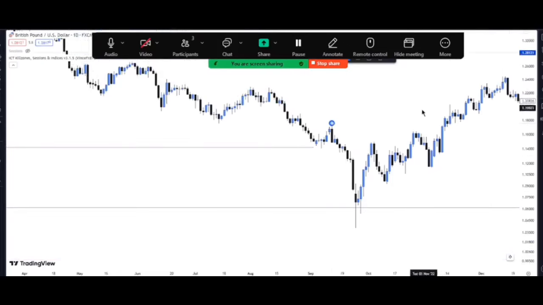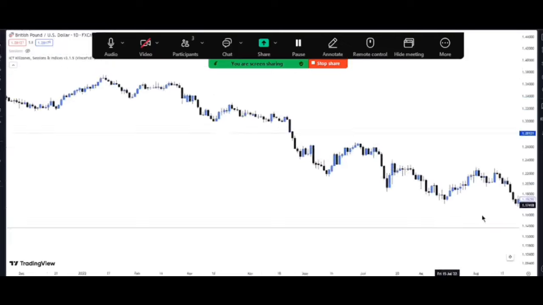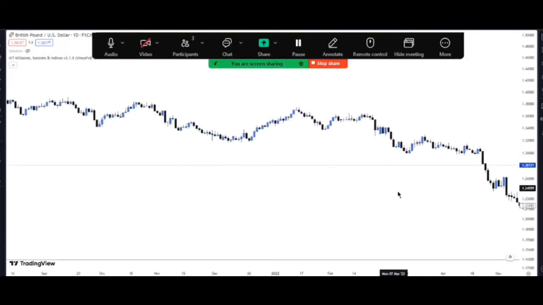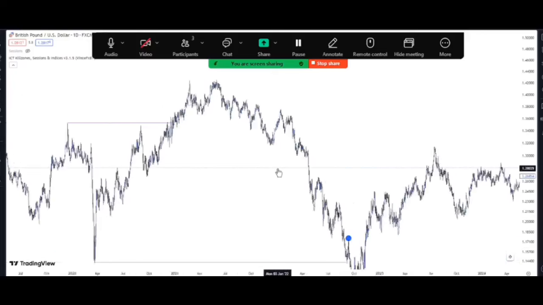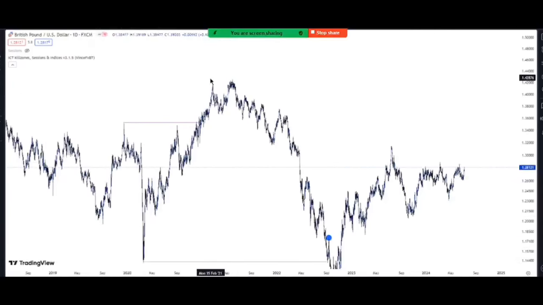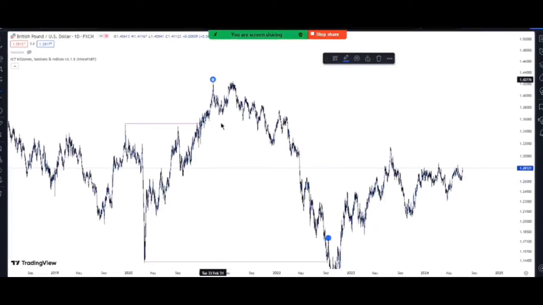On the daily time frame, price took out this low here. On the daily time frame, we were bullish. Look at it. So this is our high. That's our high. And our low is still here, like I told you.